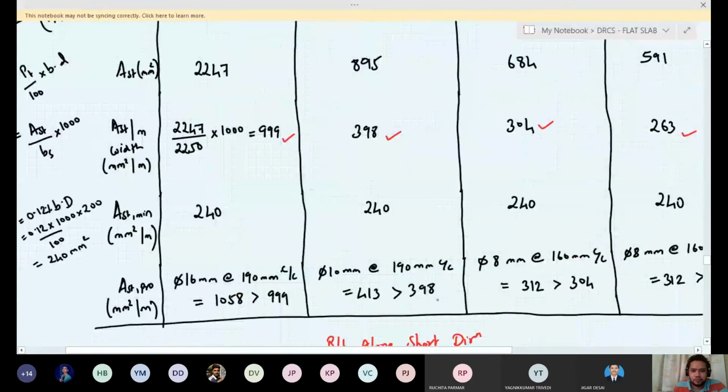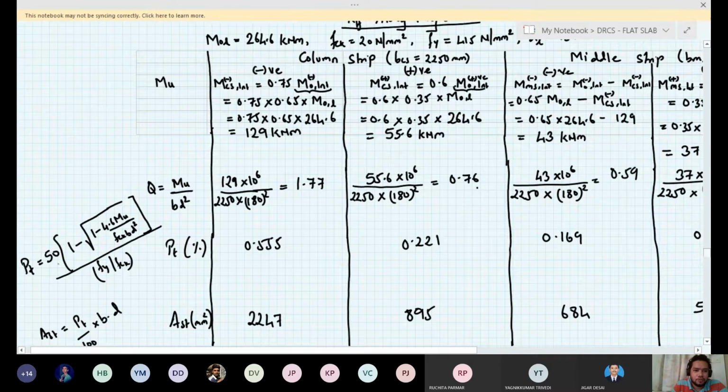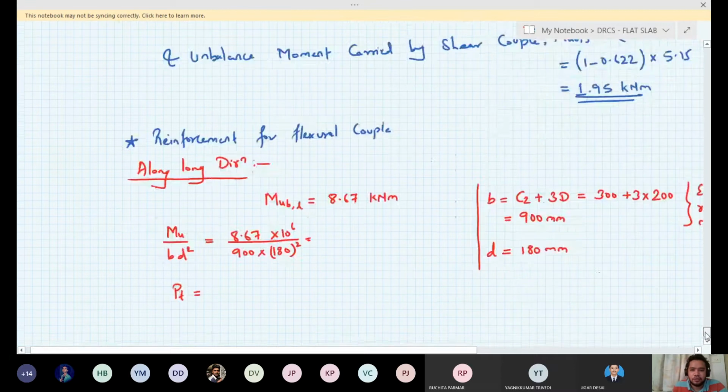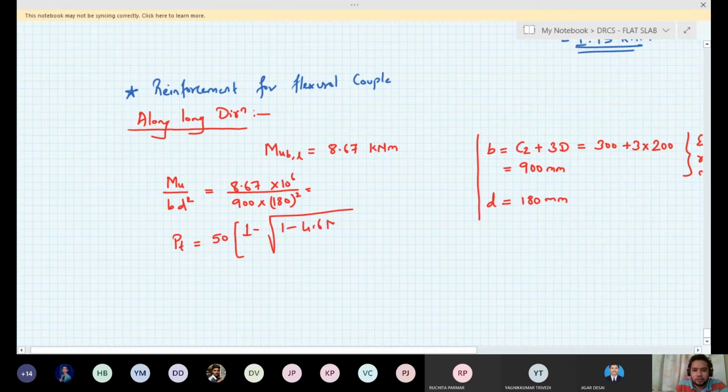See this formula: PT is equal to 50 into whole into 1 minus square root of 1 minus 4.6 Mu upon fck bd square, whole divided by fy by fck. From that you can find out the value of PT. So how much is this value?